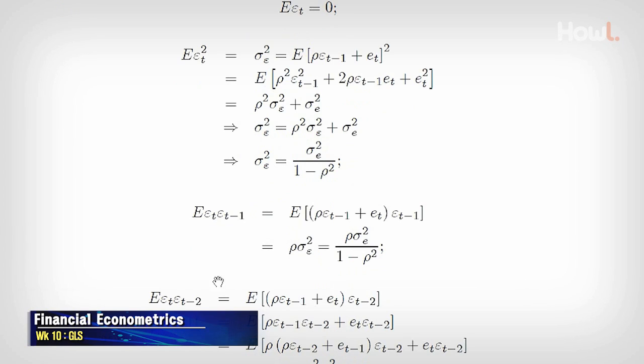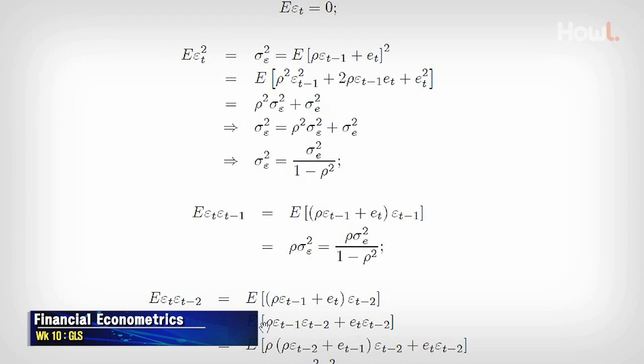Okay. And for epsilon t minus 2, again we have this one and this one. So it is the covariance between t minus 1 and t minus 2, and we already know the value of this part. And about this part, they are not correlated, so the expected value of this part is 0.